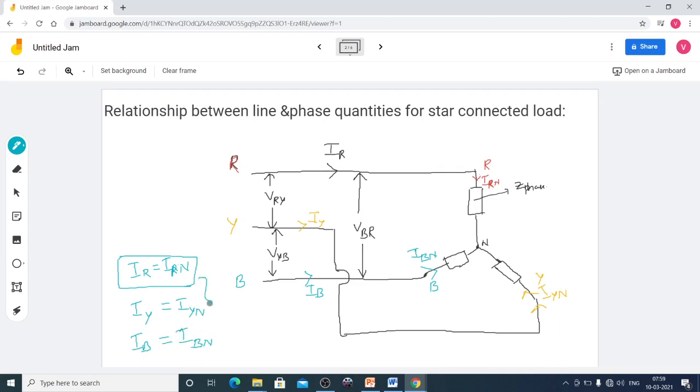From these three statements, we can finally conclude that in the star connected load, the line current is equal to the phase current. Please make a note of this, which is very important. The relation between the phase and line currents in the star connected load is the same.